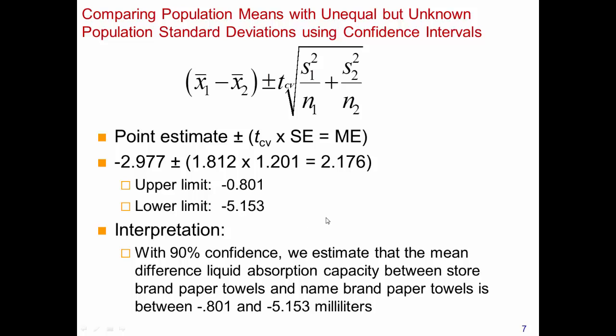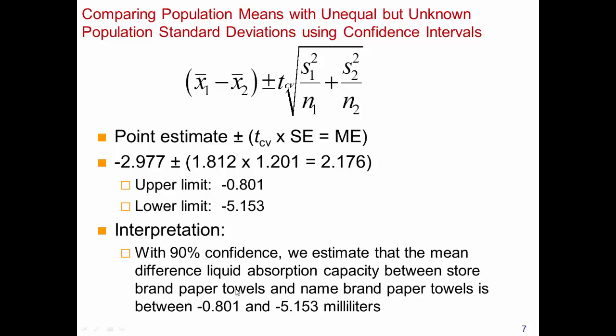The interpretation is that with 90% confidence, we estimate that the mean difference in liquid absorption capacity between store brand paper towels and name brand paper towels is between negative 0.801 and negative 5.153 milliliters of liquid.